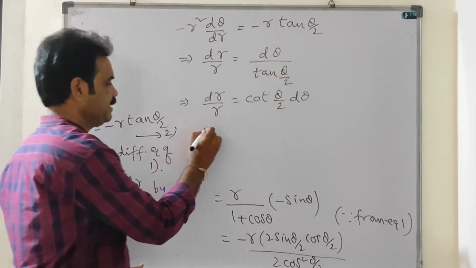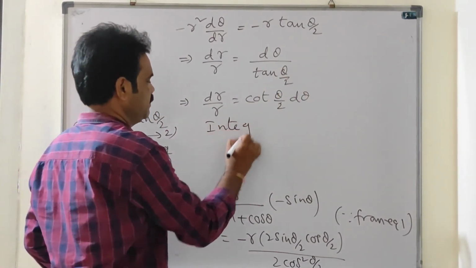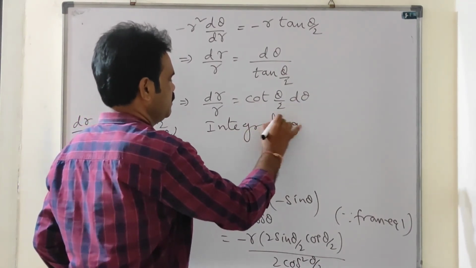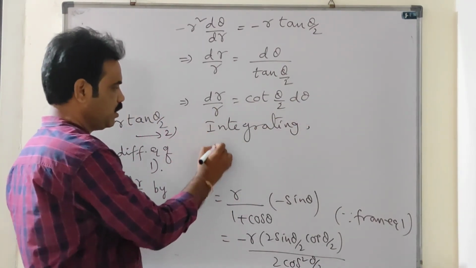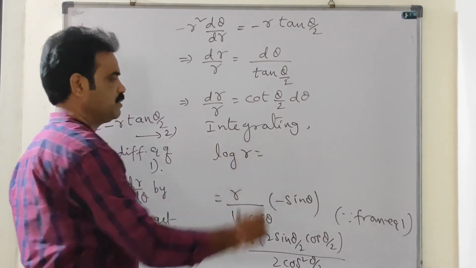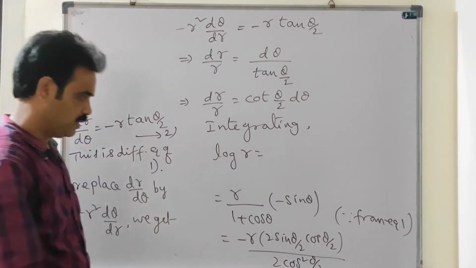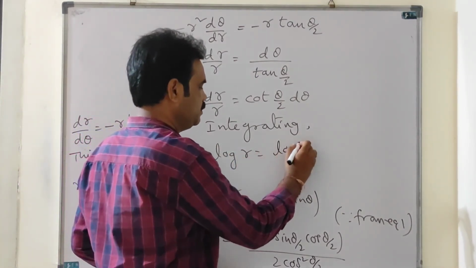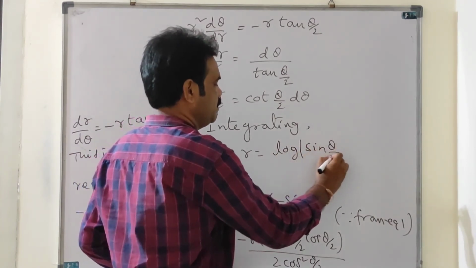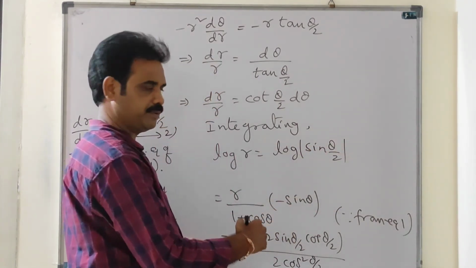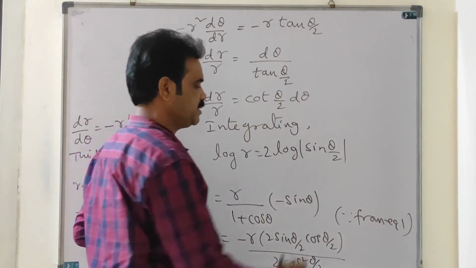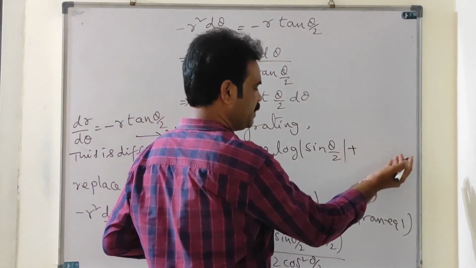Okay, now integrating, we get integral dr by r is log r is equal to integral cot theta by 2, which is log sin theta by 2 by 1 by 2, means 2 log sin theta by 2, plus some arbitrary constant.